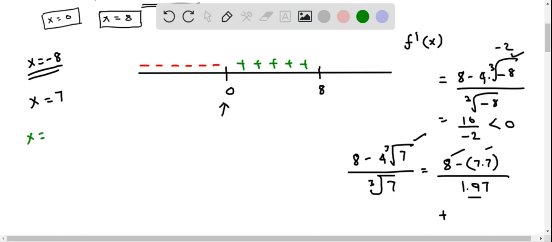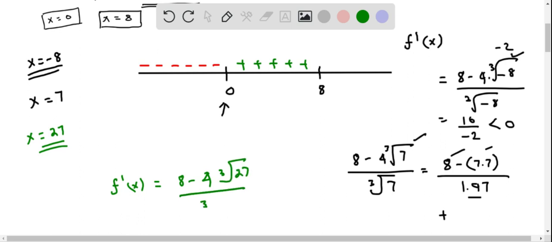Now let's take some random values to the right of x equal to 8. We will take a perfect cube number so that it will be easy for us to calculate the sign. So we are going to plug this into the first derivative f prime of x. Here we have 8 minus 4 times the cube root of 27, divided by the cube root of 27. The cube root of 27 is 3, so this becomes 8 minus 4 times 3, which is 8 minus 12.